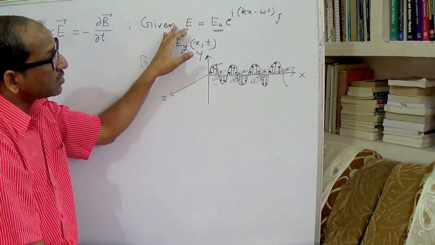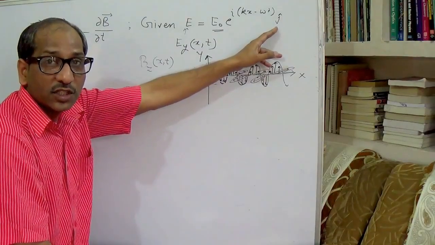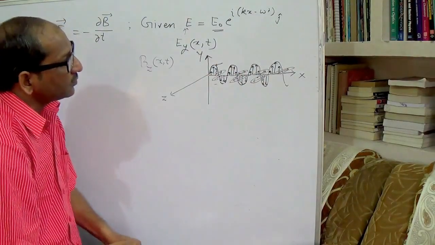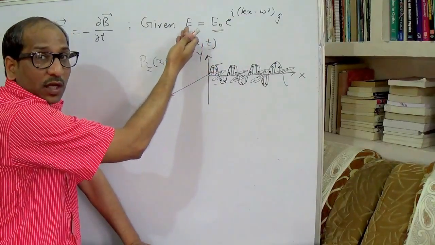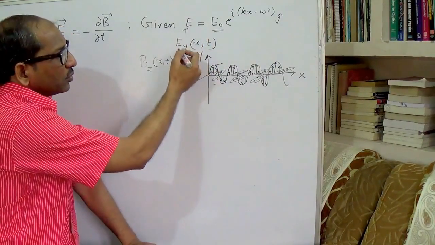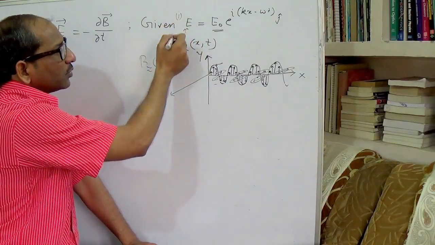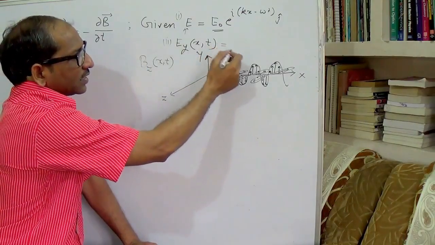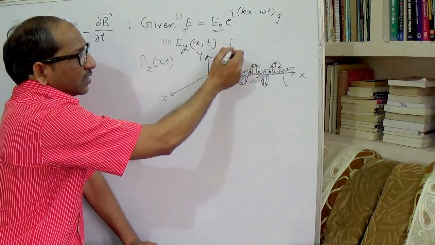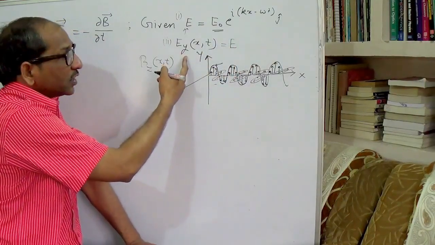Here I did not mention Ey, but on the right-hand side I have written the unit vector j, so it is clear that I am considering the y component. These are the two ways of writing the component. On the right-hand side I don't need to write j again because I have mentioned Ey here.